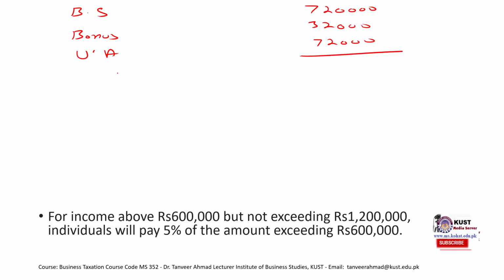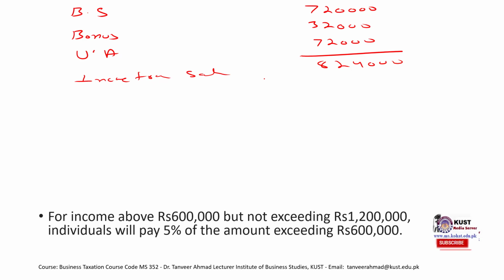Traveling allowance is exempted. So income from salary is 8,24,000 rupees. This would be taxed as income from salary, as a separate slab, and income from property would be taxed as a separate block.